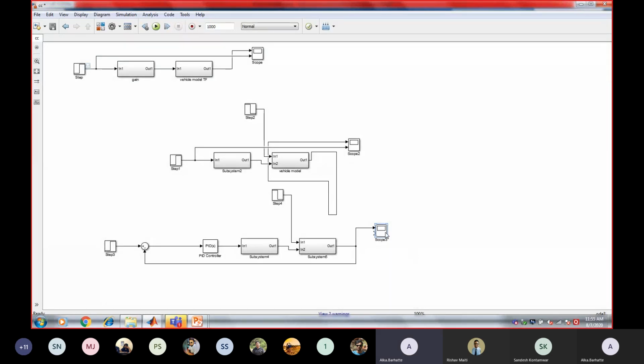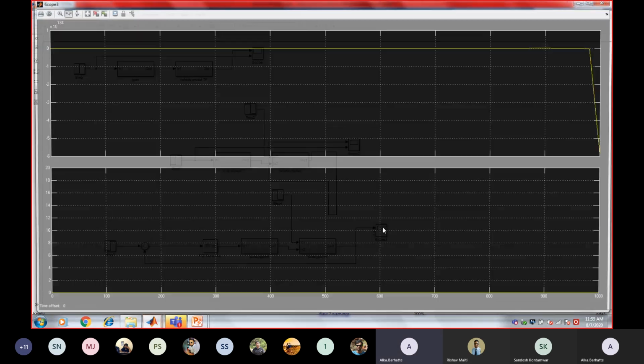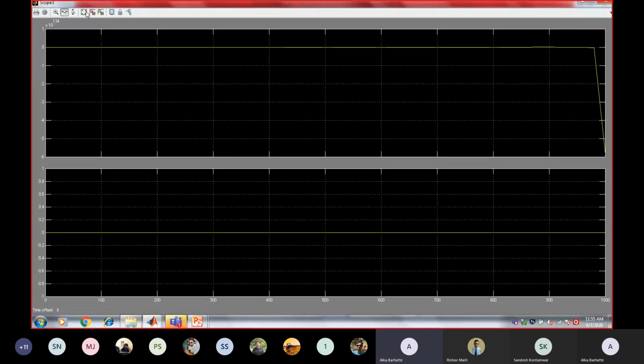I wanted to actually change inputs to 1 only. So I have executed, and this is what. So this is representing your input.